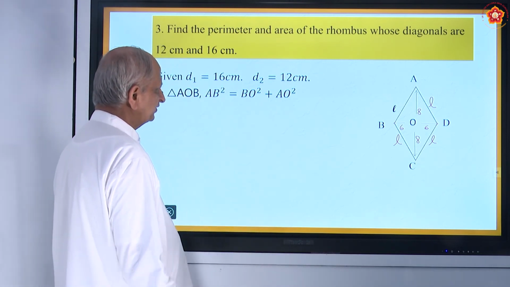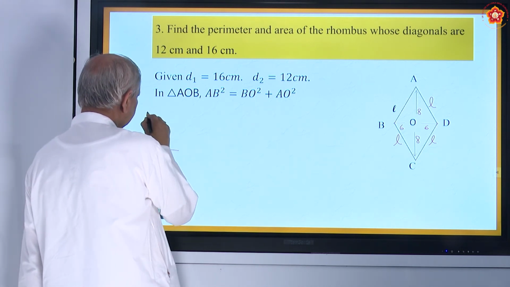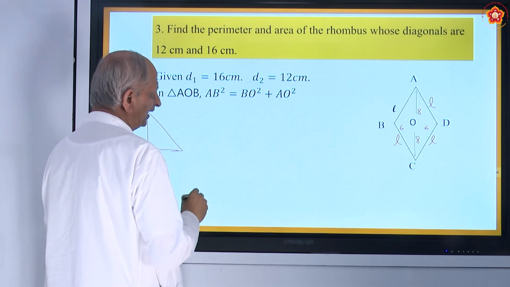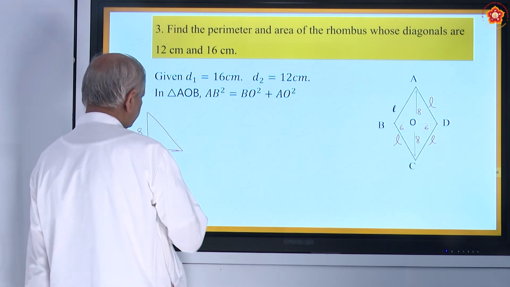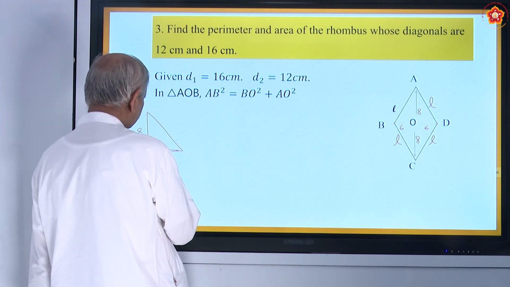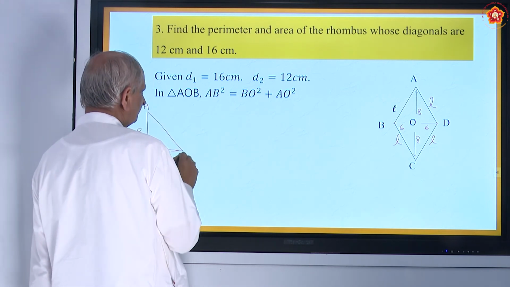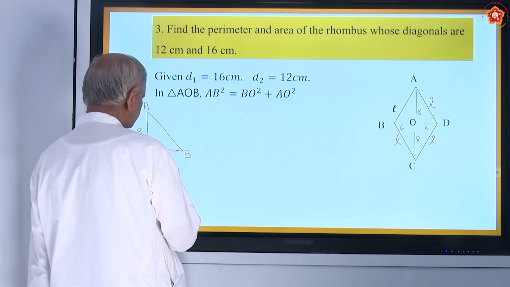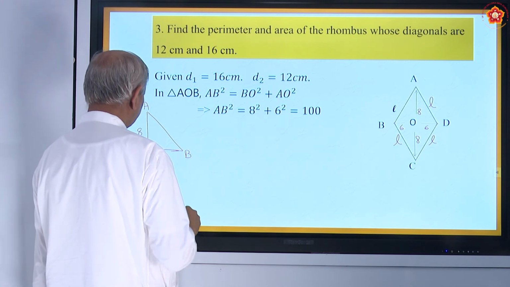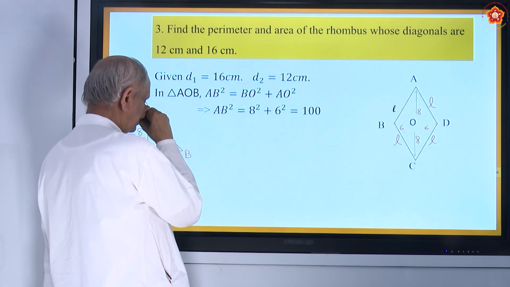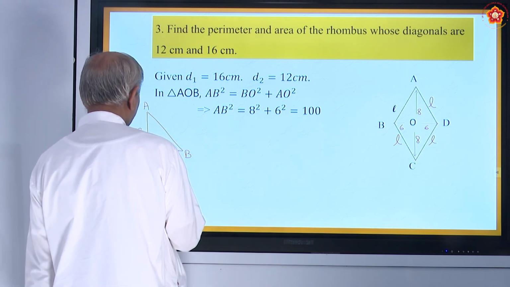So use Pythagoras theorem. In triangle AOB, base is 6 and height is 8. Find out the hypotenuse. Suppose you call this AB square, it is BO square plus AO square.